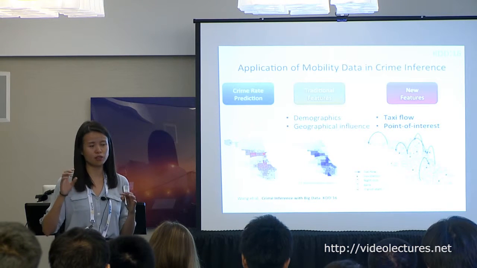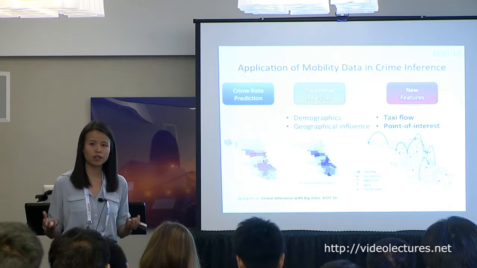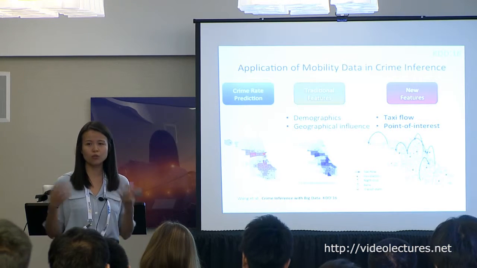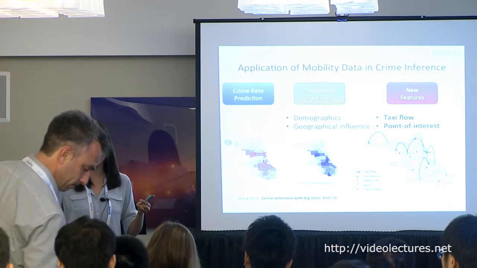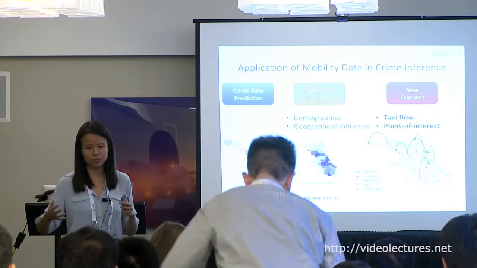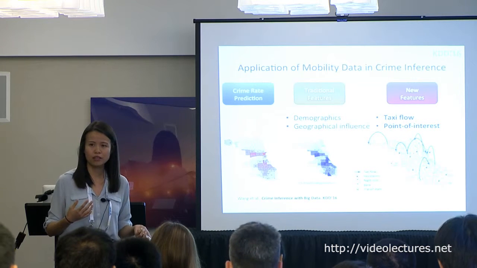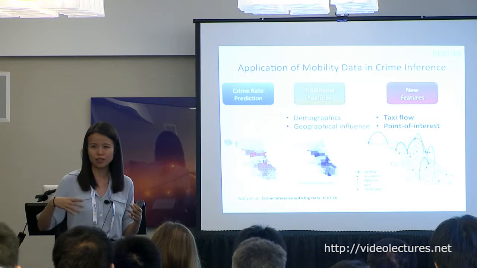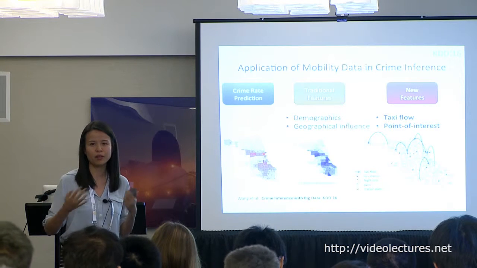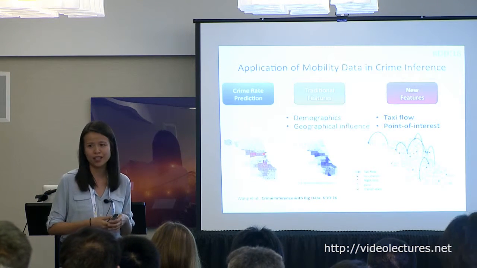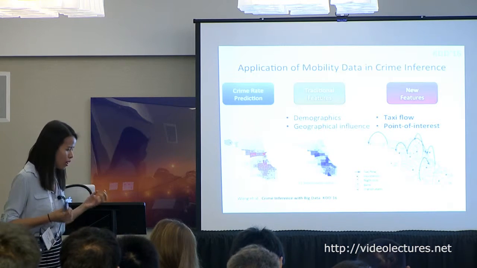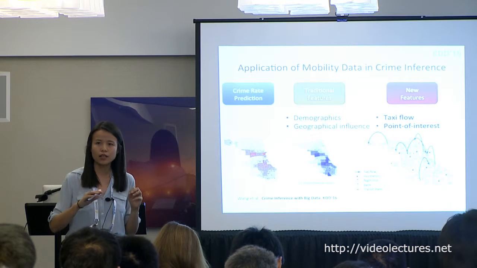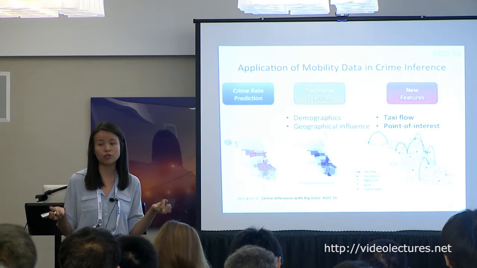So they are not geographically close, but these two locations probably have similar properties, because otherwise you wouldn't choose to work there and live there. And people who go to work influence each other. You're not only influenced by people who live close to you, you're also influenced by the people at the same working place. So that's why we think this commuting serves as a hyperlink on the map that can tell you the correlation between two locations.